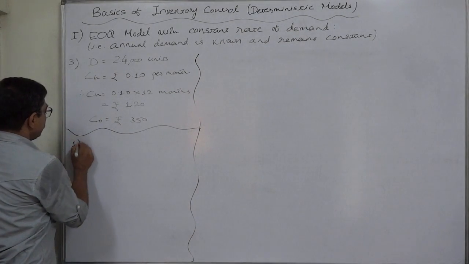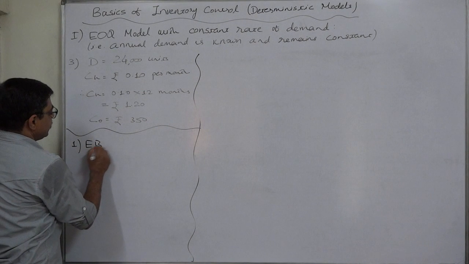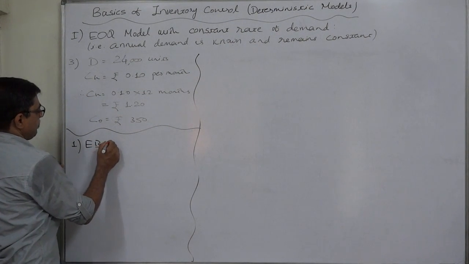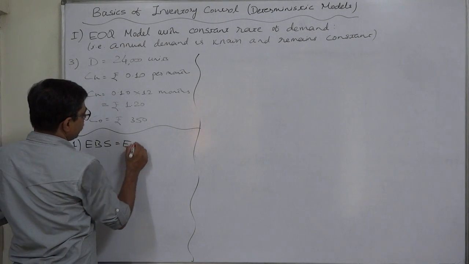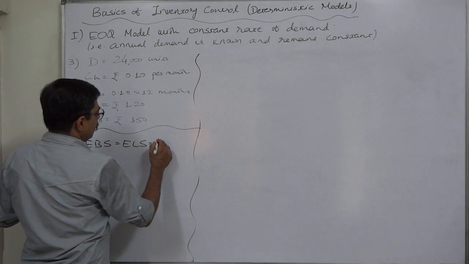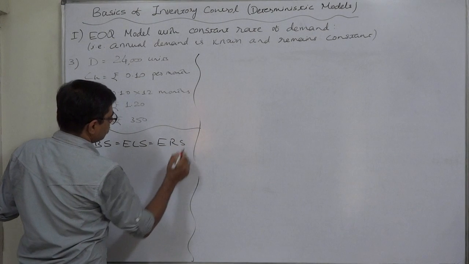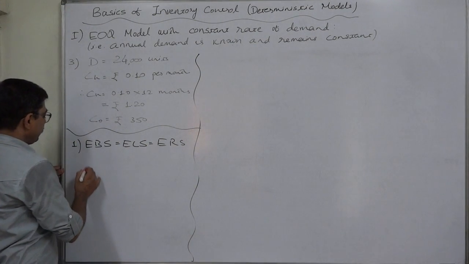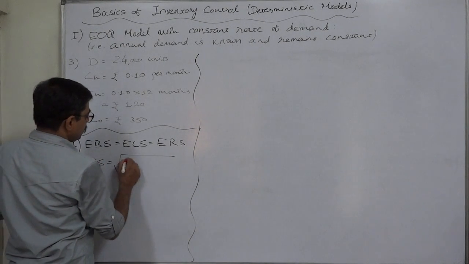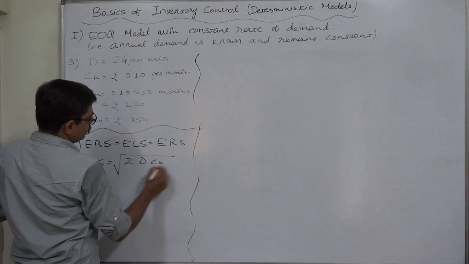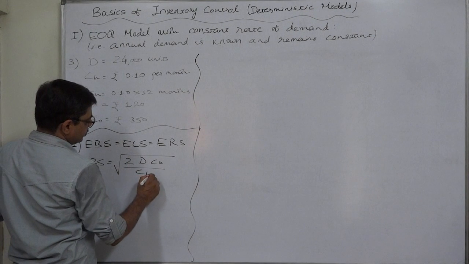First we are going to calculate economic batch size, batch quantity you can say, economic lot size or economic run size. The formula will be the same. Economic batch size equals square root of 2D into CO divided by CH.